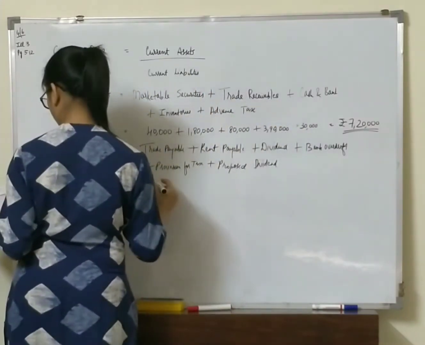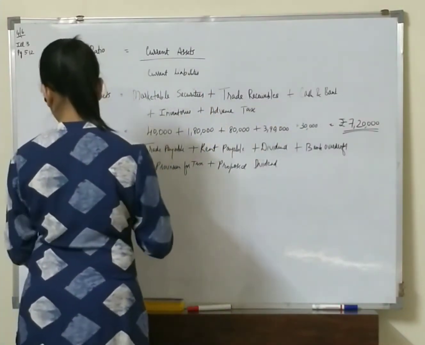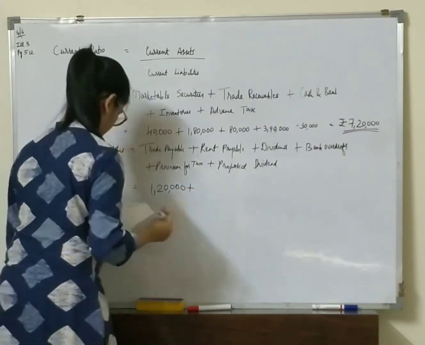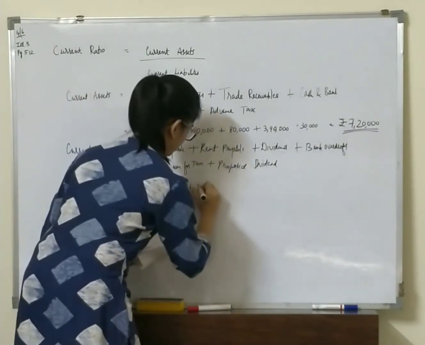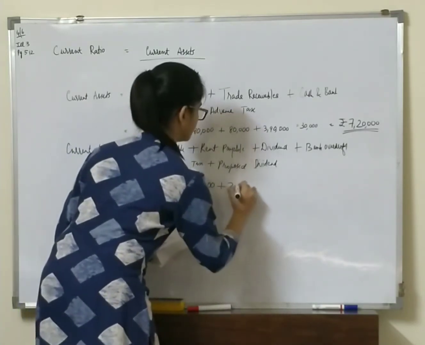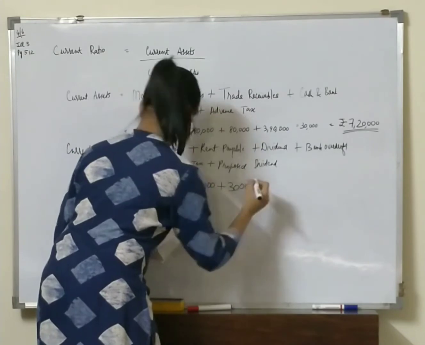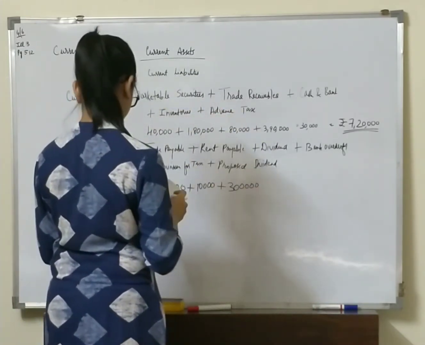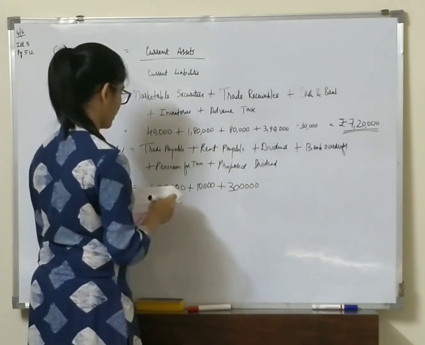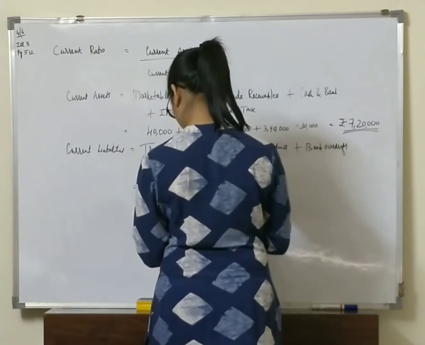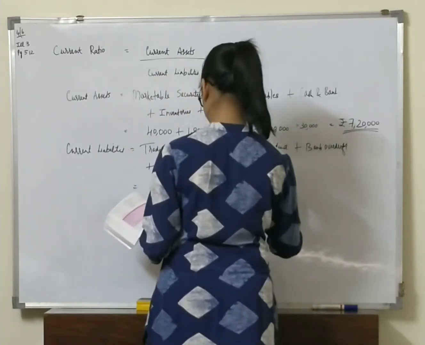So trade payables amount is 1,20,000. Rent payable 10,000. Dividend payable 30,000. Then we have bank overdraft 25,000.